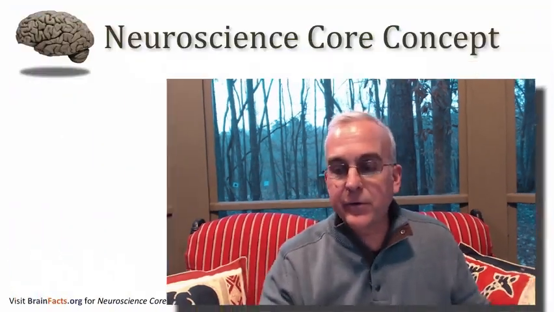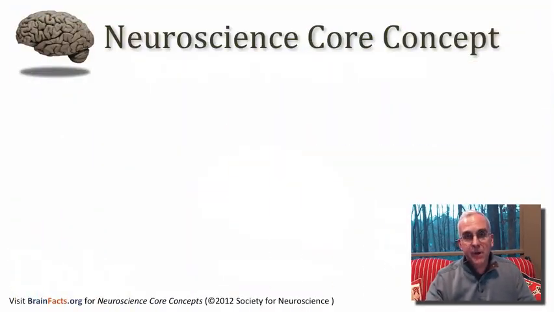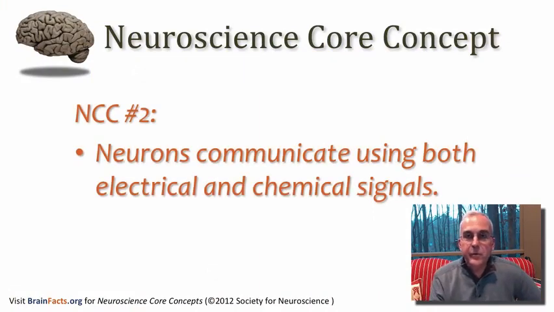So we continue to talk about our important core concept in the field of neuroscience that pertains to the communication that happens among neurons and between neurons and peripheral structures via the generation of chemical and electrical signals.